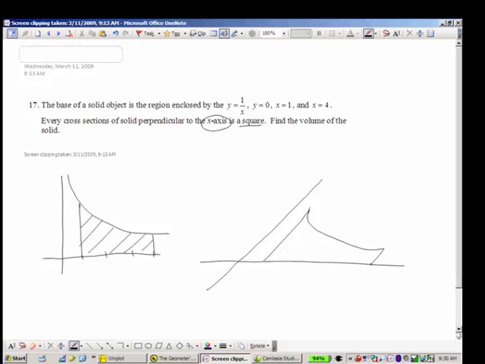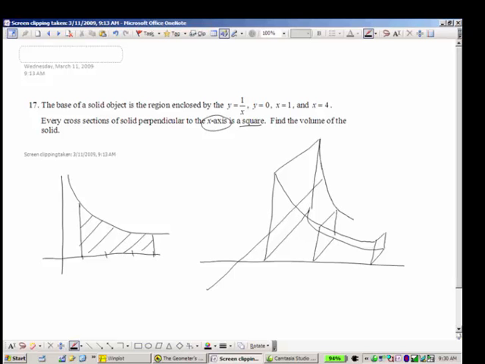So the square up here is going to be bigger, and there are going to be some squares in the middle. It looks something like this.